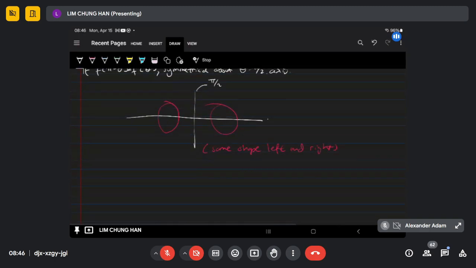And then there's a third rule. If 5 pi plus theta equals theta, then it's symmetrical about the pole.